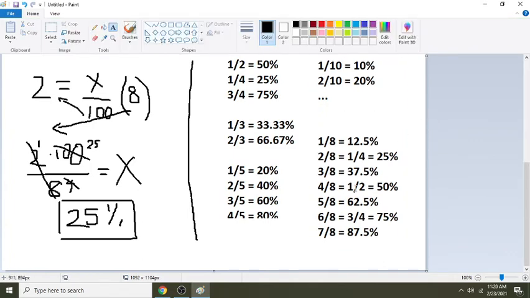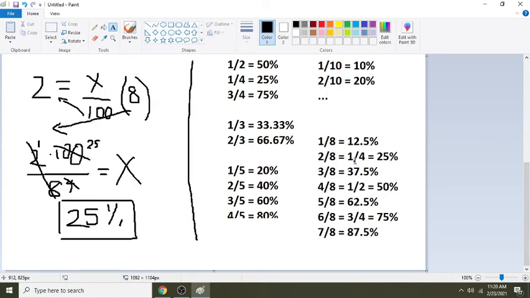Those are the basics. So if you kind of got a hold on this, then it's quite easier to handle fractions in these multiples.